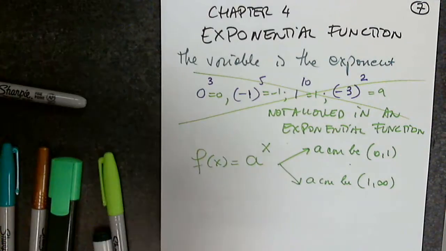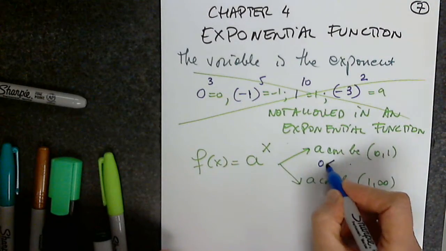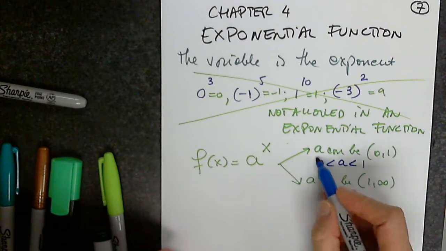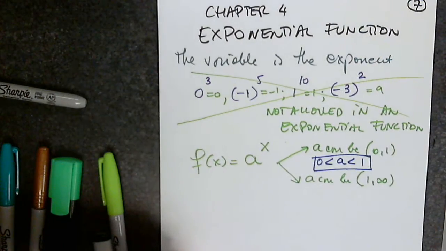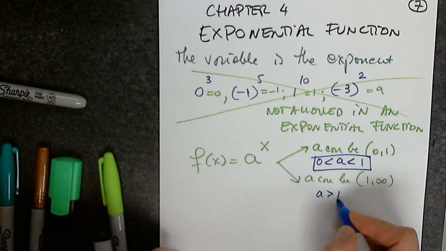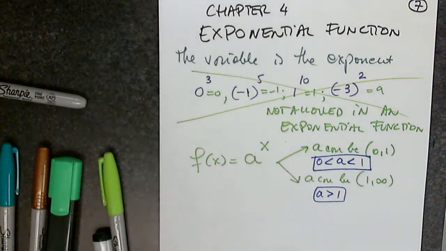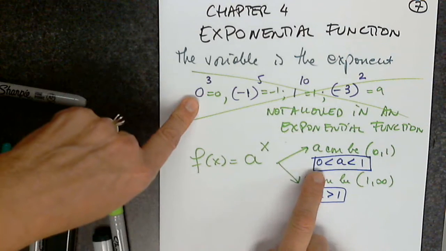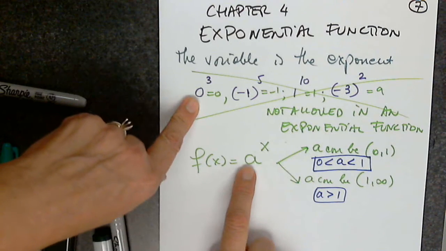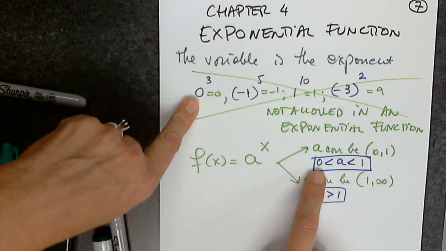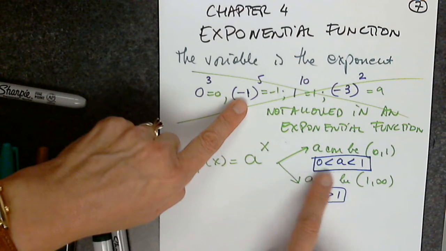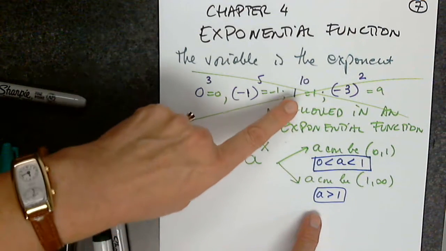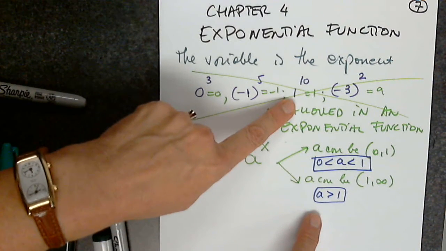We write this as 0 < a < 1, the mathematical way of writing it, or a > 1. So, one more time, 0 is not accepted as the base. A negative number is not accepted as the base. And 1 is not allowed as the base.